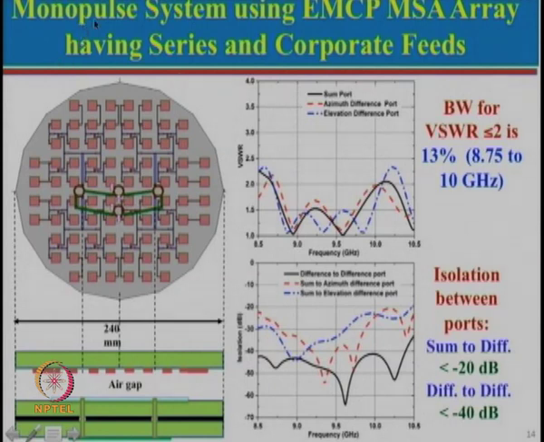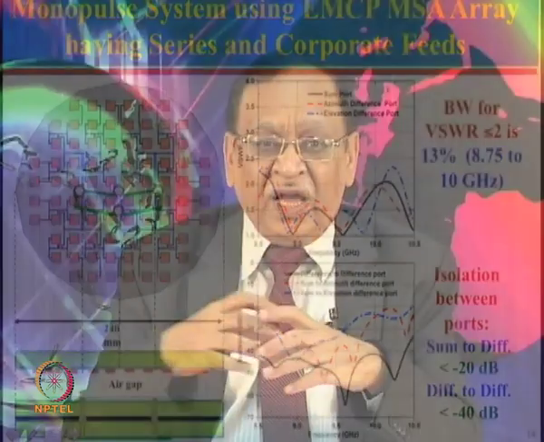Generally speaking, in a monopulse system 4 different antennas are used, so let us say there is a first, second, third and fourth antenna. These 4 antennas are first fed with equal amplitude and phase, so that the radiation will be maximum in this particular direction, and this is used for tracking the object, which can be a flying object.